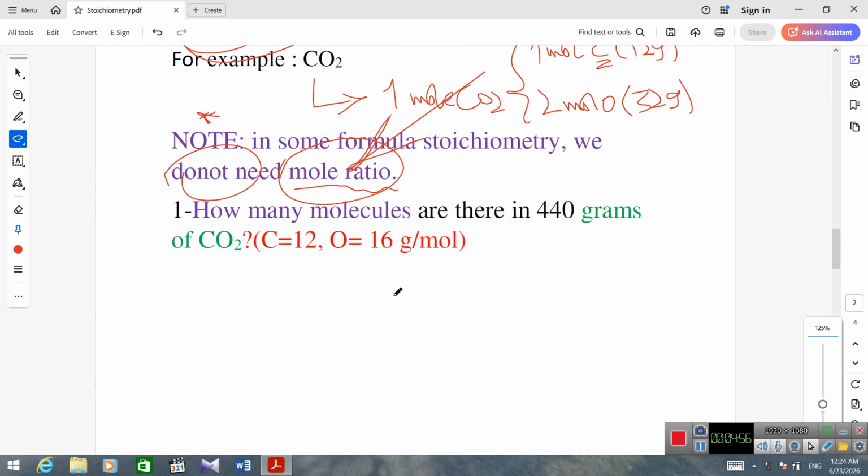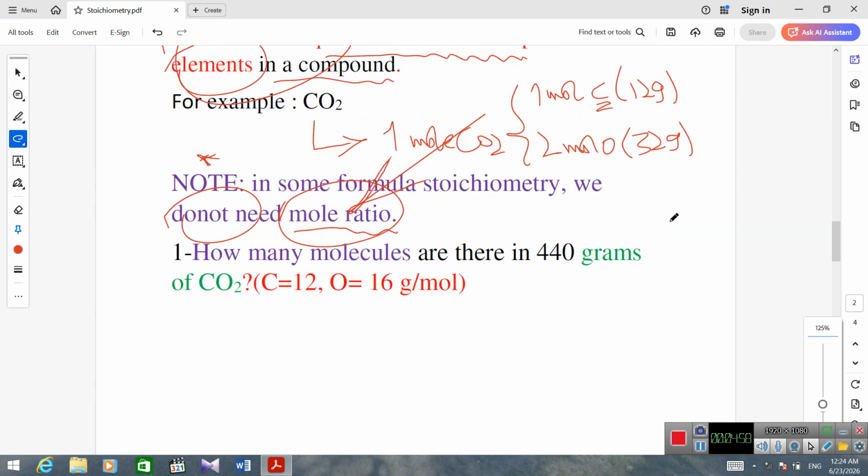For example, in question 1: how many molecules are there in 440 grams of carbon dioxide? I want to say in this question we don't have a mole ratio.